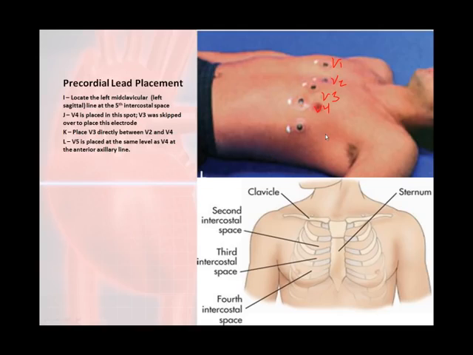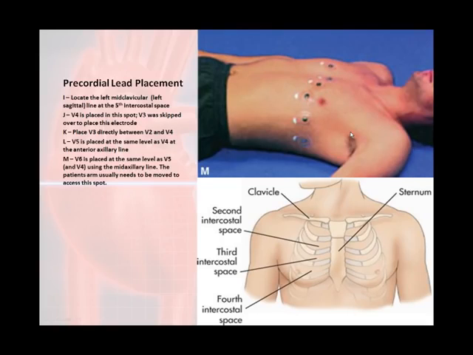V5 is placed at the same level as V4, but where we're placing it is what's called the anterior axillary line. So basically the front part of the armpit here. You find the crease right here on the anterior axillary, and you place V5, same level as V4, at the level of the axillary line. That is where V5 would be placed.